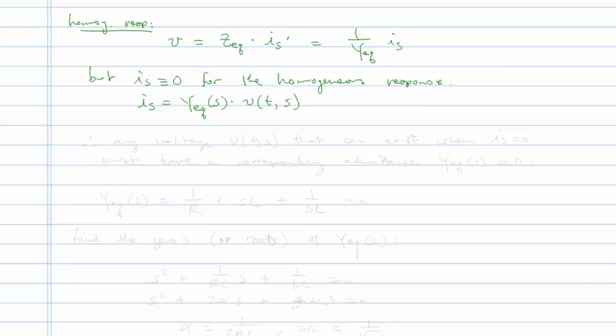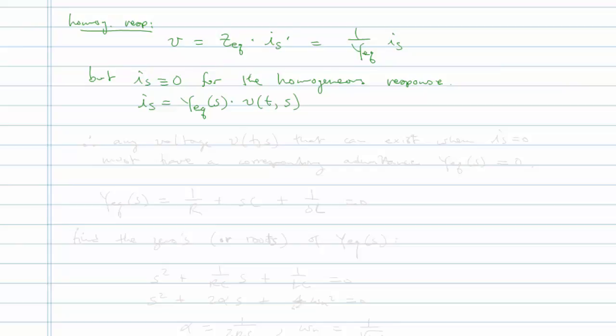Now, this is the same kind of situation as we had for the series circuit. For the series circuit, we were saying V is equal to Z times I, and since our forcing was a voltage, we said our voltage must be 0. So I times Z must be 0, which means we need to find the zeros of the impedance. Well, here, it's the opposite. We need to find the zeros of the admittance, because the current is equal to the admittance times the voltage.